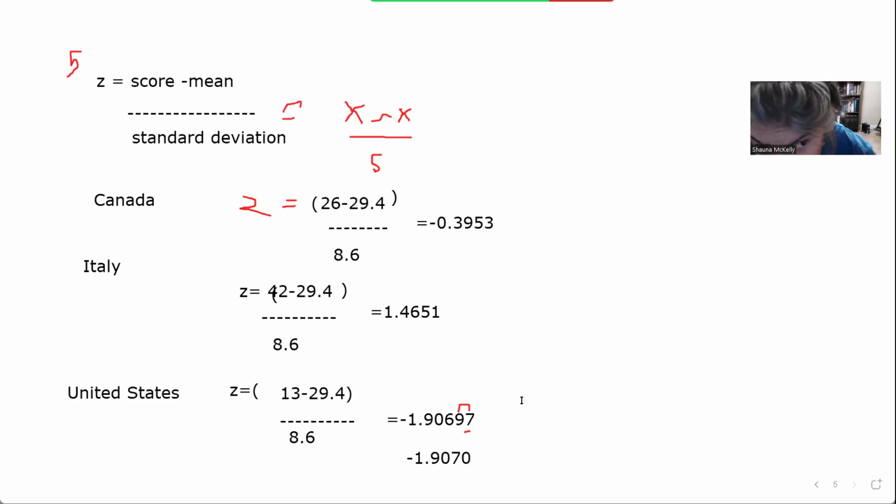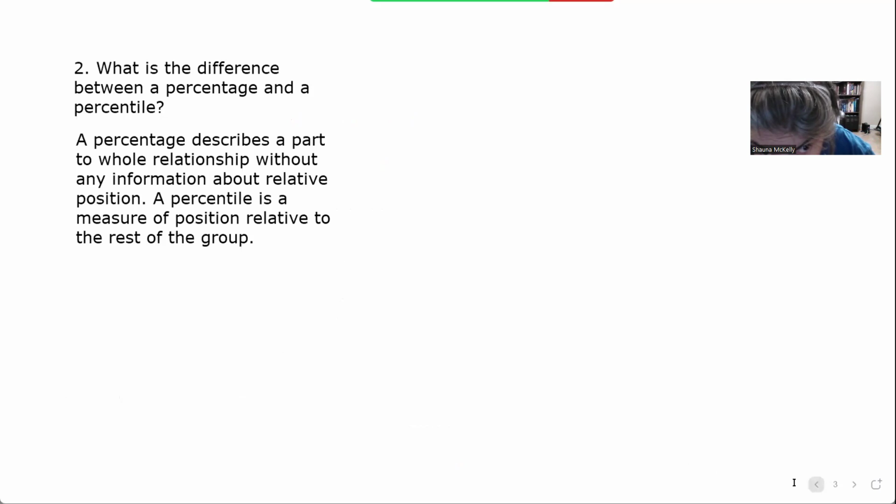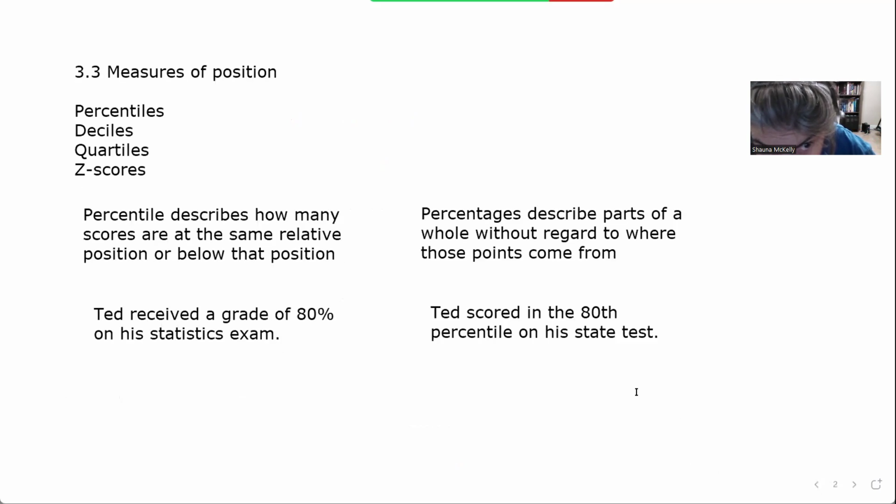So we've talked about percentiles, we've talked about z-scores. If I go back and I show you the measures of position here, you'll recall from class that percentiles divide the distribution into 100 parts.